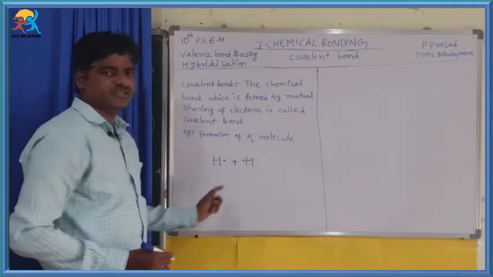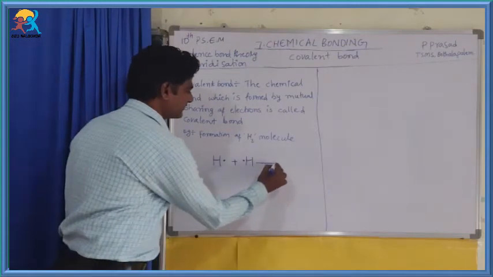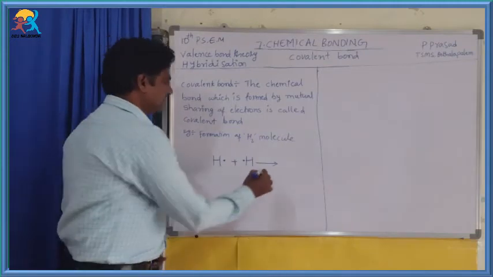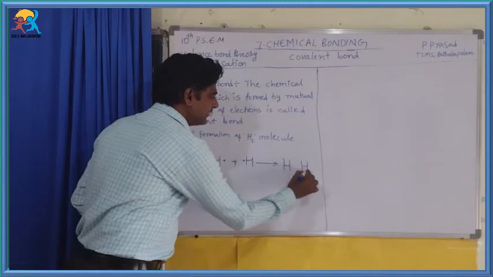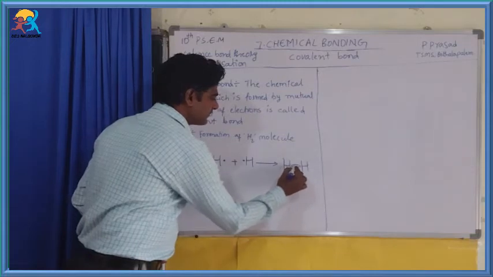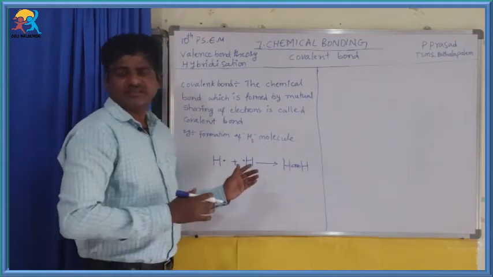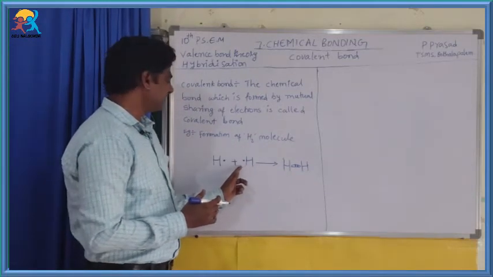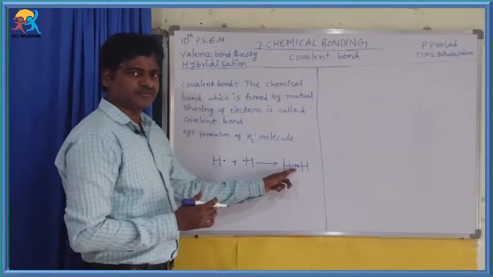When these two atoms come closer, the sharing of electrons takes place between them. Like that, a covalent bond is formed between two hydrogen atoms.